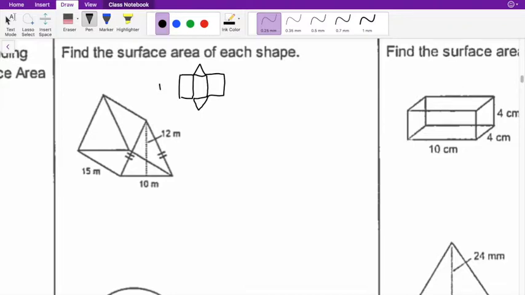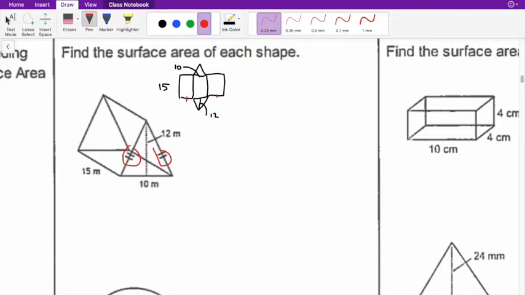Now let's take a look at what we know. We know this is 15 from right here. We know the height here is 12. And we know this base here is 10. What we don't know is this part right here, these sides, which would be this side and this side.